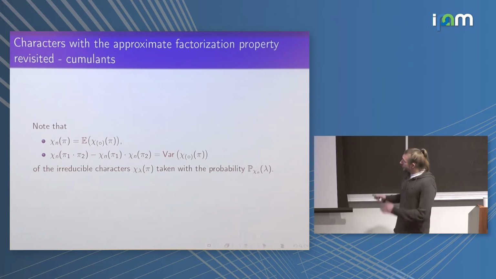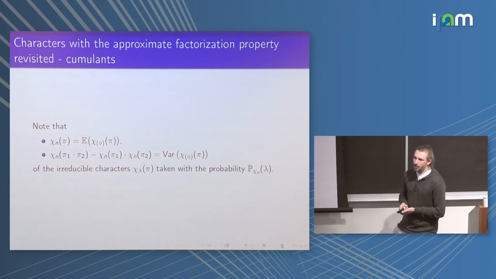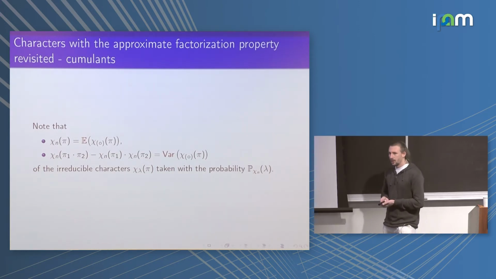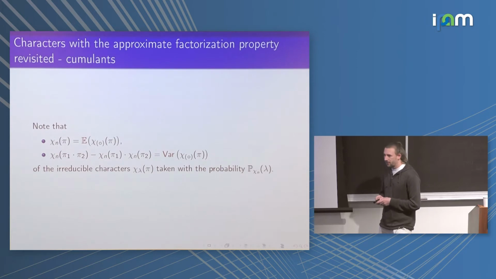Okay, so can we again find the right framework to put this example of the Plancherel measure into a bigger picture? The answer is yes. We just have to put a little bit more restrictive definition of the approximate factorization property.